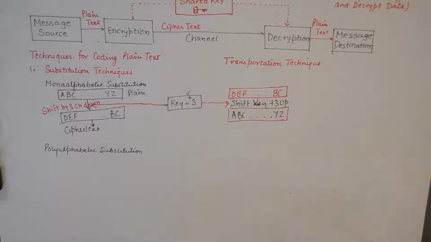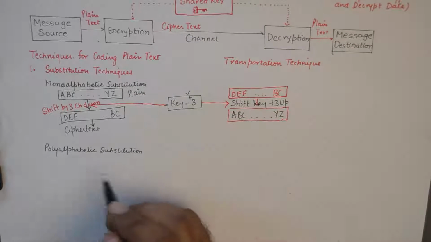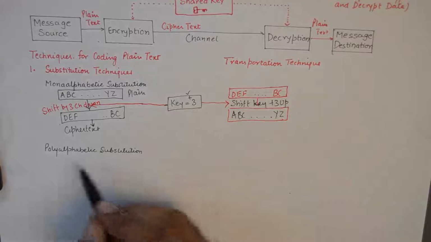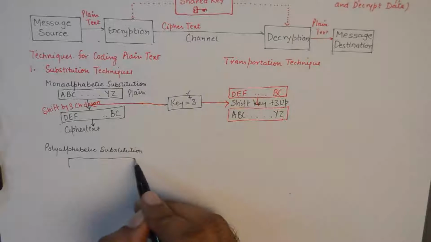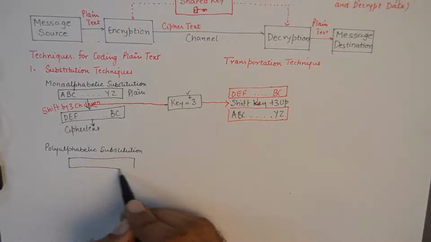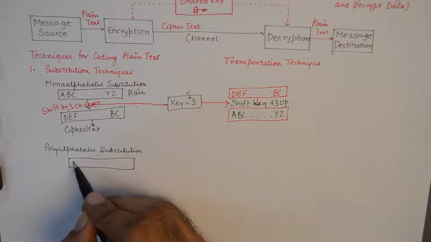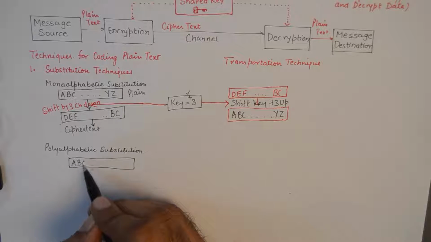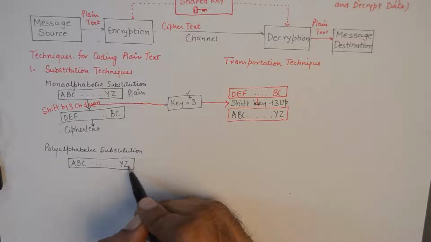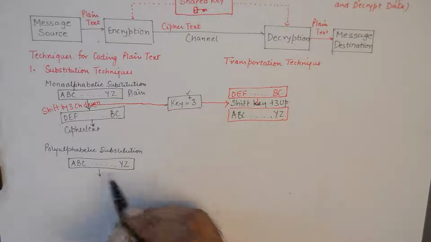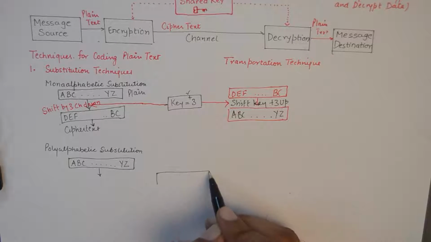Now on the other hand, if we do a polyalphabetic substitution, it will look something like this. For example, we take up the characters of English alphabets, then we decide upon the key.